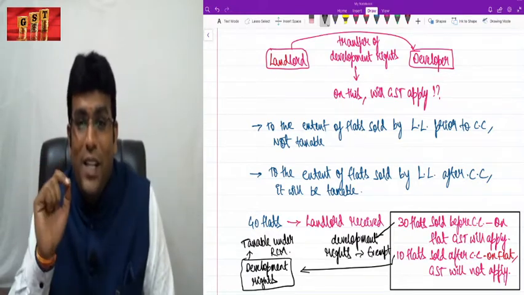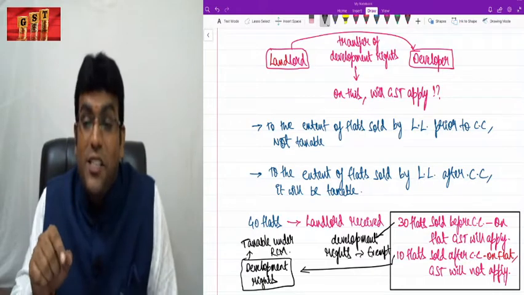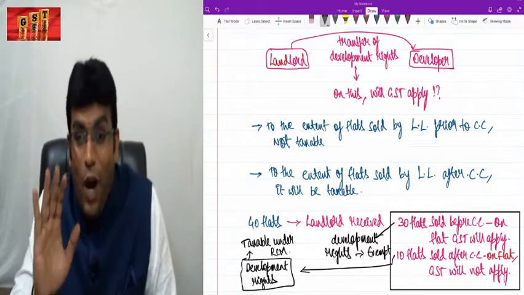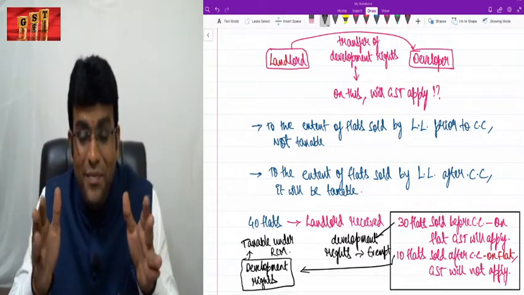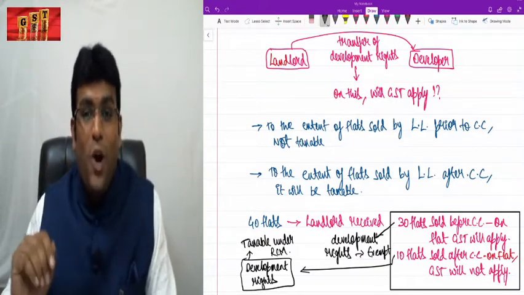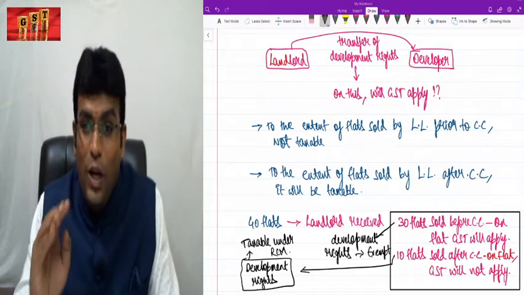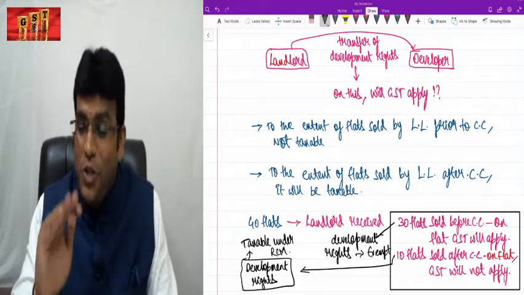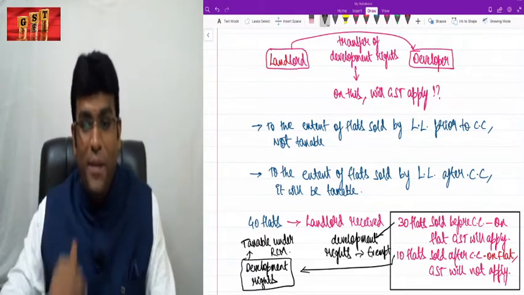Now what the law told is that for the tax treatment of development rights, first check how many flats the owner has got. Out of the flats the owner has got, please check how many are sold before OC, and also check how many are sold after OC.